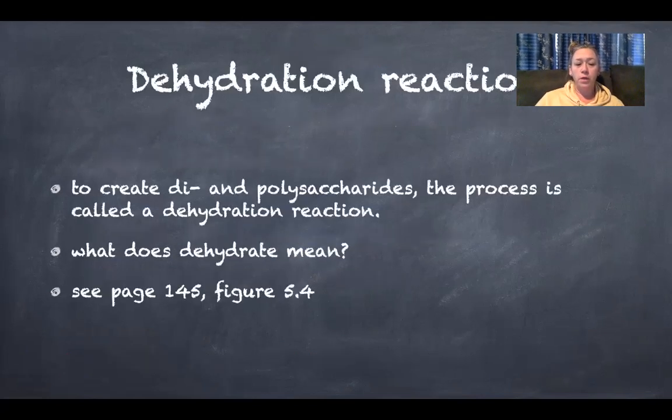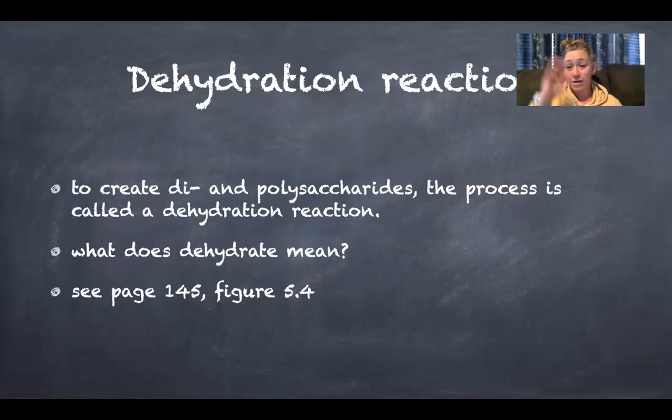So now, there's something called a dehydration reaction. If we want to make sucrose, how do we do that? Do we just put fructose next to glucose and say, ta-da, you get sucrose? No, of course not. We're talking about chemistry.